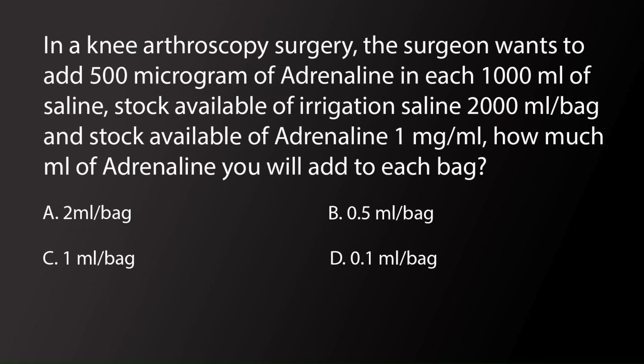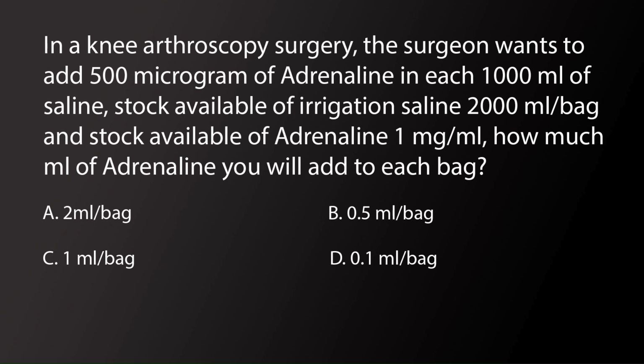Next question. In a knee arthroscopy surgery, the surgeon wants to add 500 micrograms of adrenaline in each 1000 milliliters of saline. Stock available of irrigation saline is 2000 milliliters per bag and stock available of adrenaline is 1 milligram per milliliter. How much adrenaline will you add to each bag?